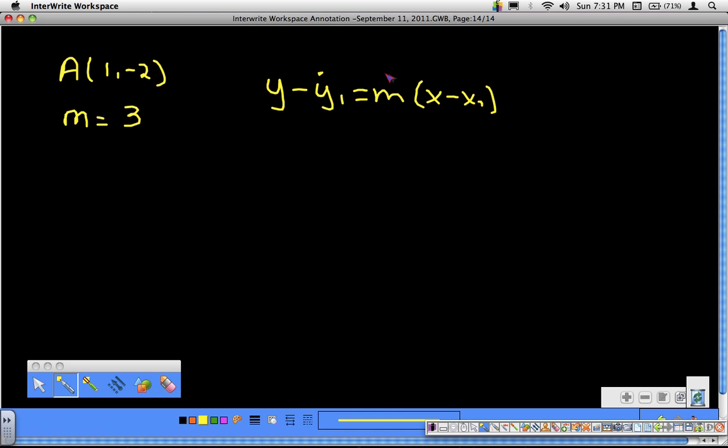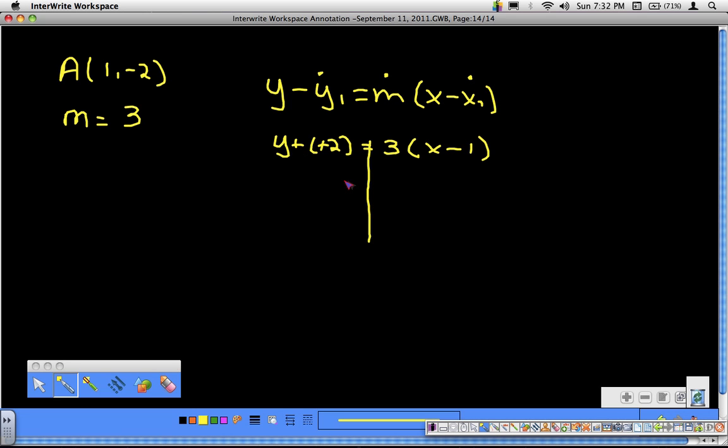The y and the x stay the same. So on this one, the y value, negative 2, so we're going to have y minus negative 2 equals our slope of 3, and then x minus our x1, which is 1. So we can simplify. A negative times a negative is a positive, which if I go to simplify my whole equation here, I'm going to end up with this.